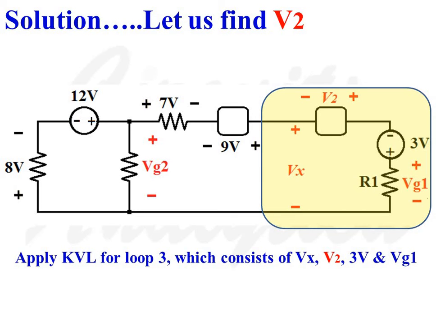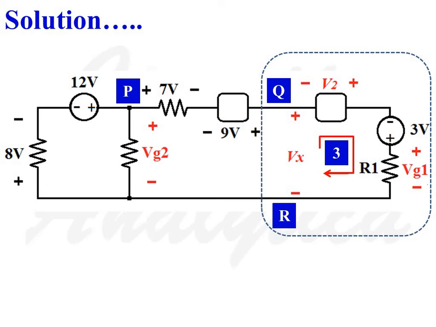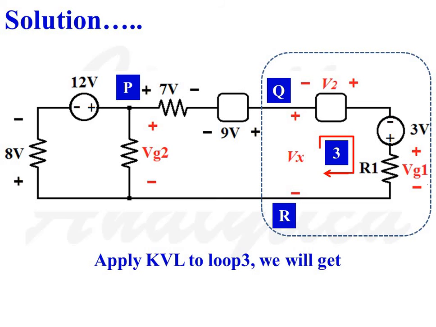So this is our loop. The loop current is assumed as clockwise. Now let us apply KVL to this loop. We will get Vx plus V2 plus 3 minus VG1 is equal to 0.